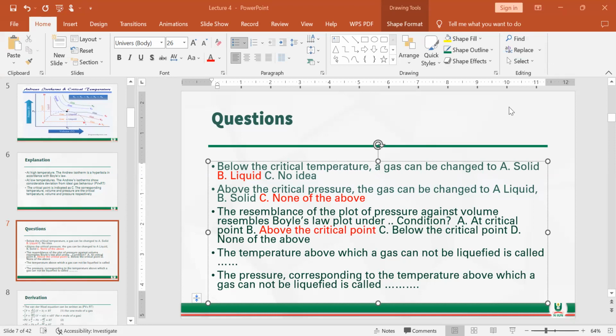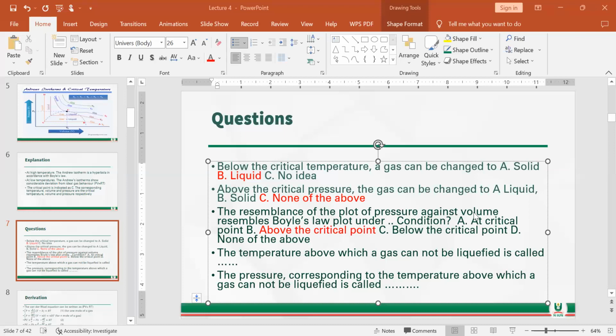So as we were talking, let's take some of the questions related to this. Question number one: below the critical temperature, a gas can be liquefied.